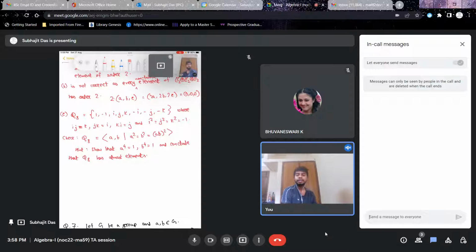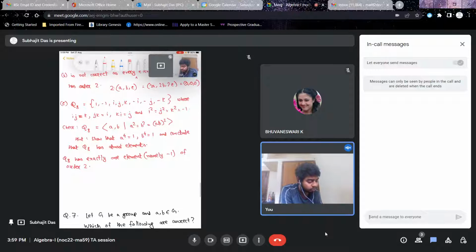Even though we haven't mentioned all the exact compositions, it's clear from the notation that minus 1 square is 1. We take this as one relation. So the point is, Q8 has exactly one element, namely minus 1, of order 2.